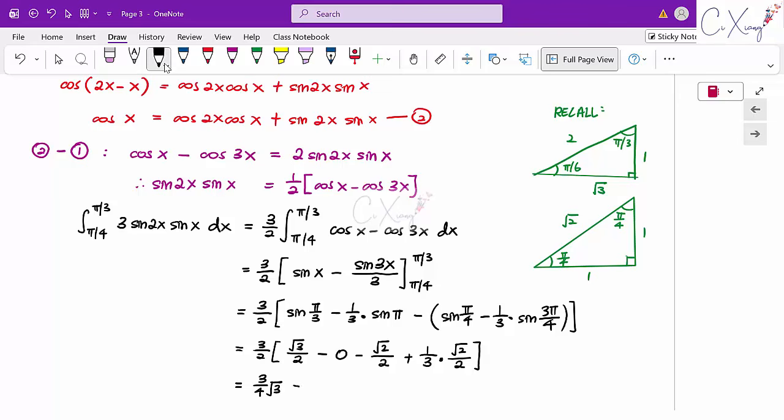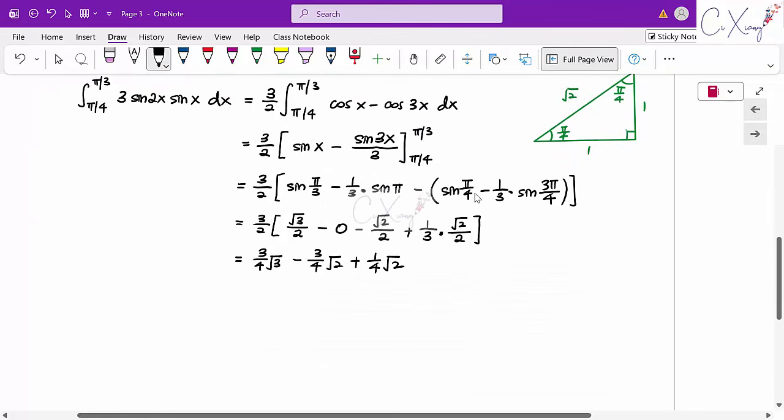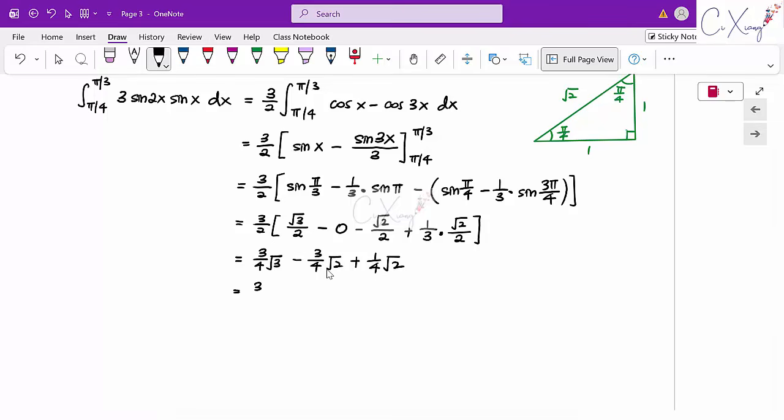Then minus 3 over 4 sqrt 2. Then plus, the 3 and 3 can be simplified, and you have 1 over 4 sqrt 2. Then further simplify it. First of all, there's no more sqrt 3 here, so you just copy the answer, 3 over 4 sqrt 3.